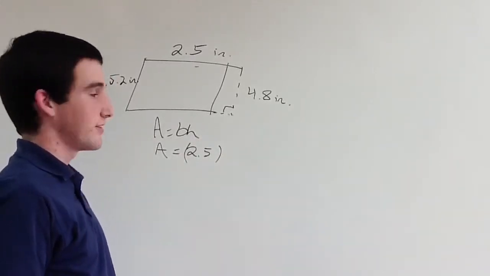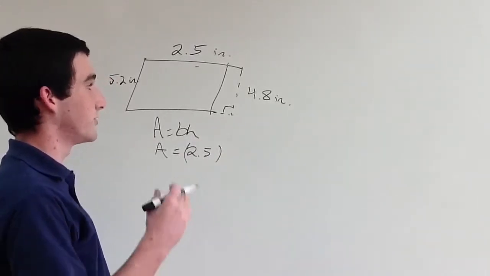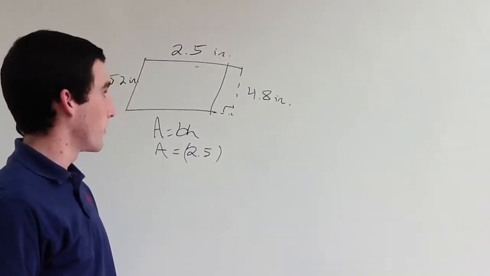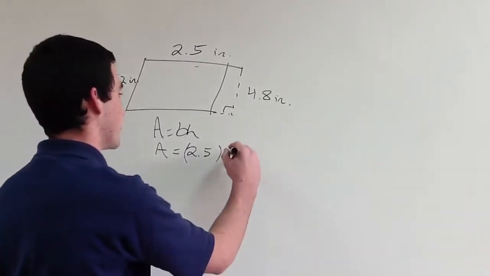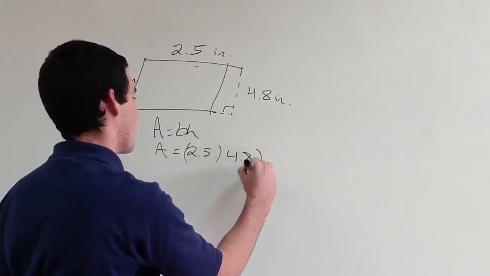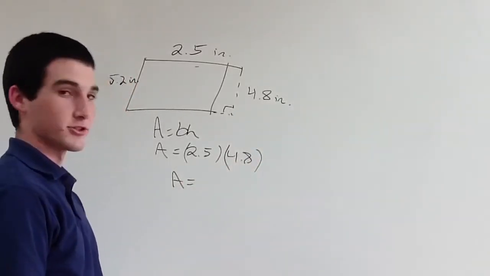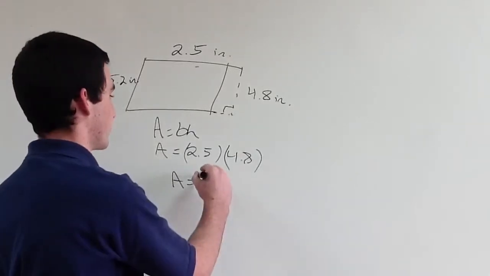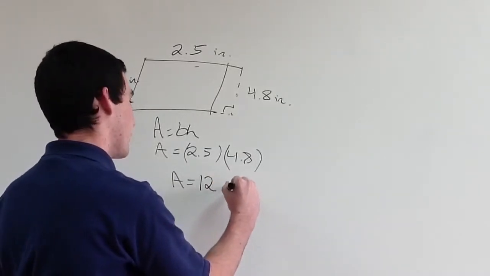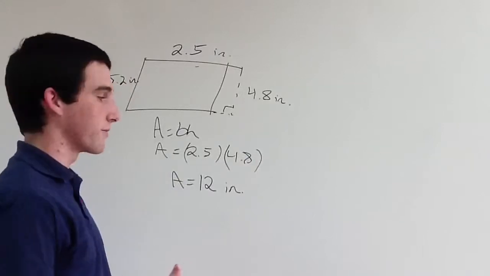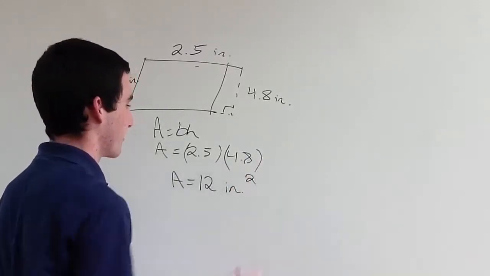Now, the height is the corresponding altitude of that base. So in this case, it would be 4.8 inches. When we multiply these two numbers, you'll end up with 12 inches. What you have to remember is 12 inches squared because you're squaring the units also.